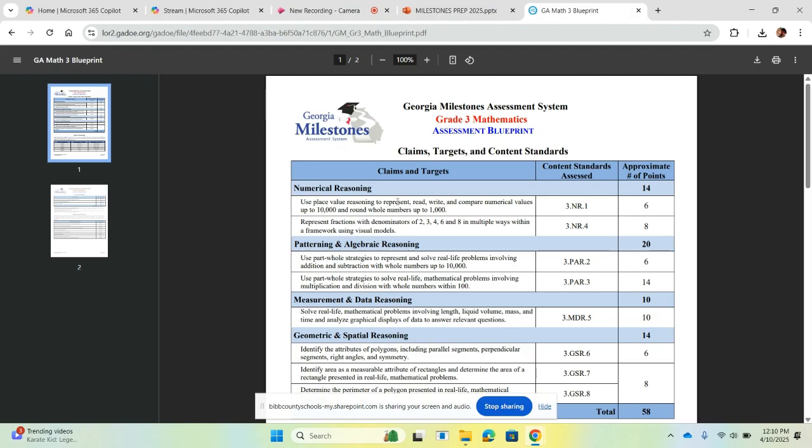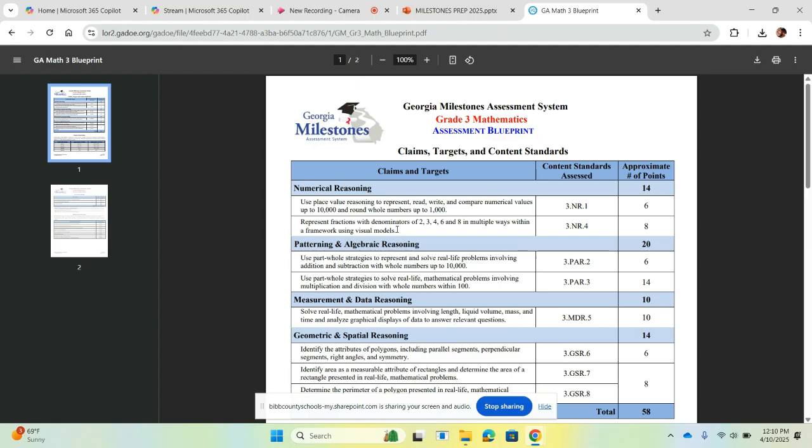Up under that, they're going to look at this particular standard, which is 3.NR.1. Use place value for reasoning to represent, read, write, compare numerical values up to 10,000 and round whole numbers up to 1,000. Also, represent fractions with denominators of 2, 3, 4, 6, and 8 in multiple ways within a framework using visual models.